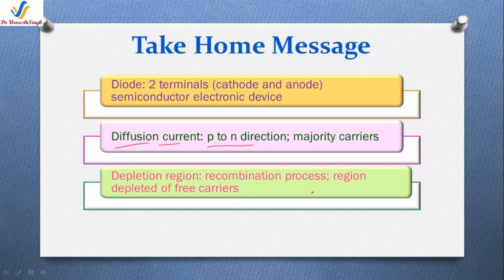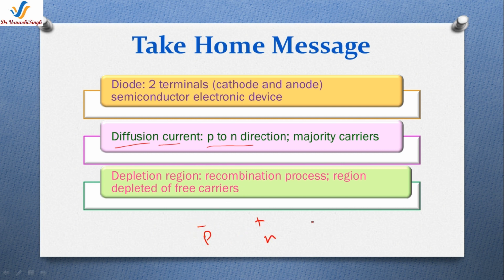And a region is created around the junction which is depleted of free carriers. That's why it is called the depletion region or the space charge region. This region constitutes the immobile ions, positive at the N side and negative at the P side.